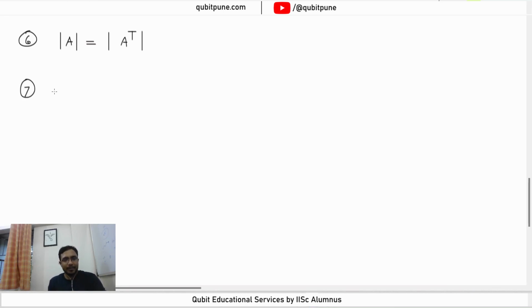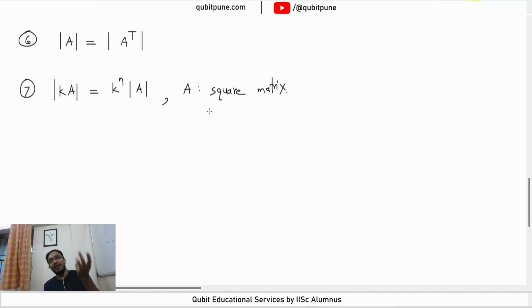Can you tell me what is the determinant of k times A, where k is a scalar? It is k raised to n into the determinant of A, where A is an n by n square matrix. Why does that happen? Because when we define scalar multiplication of matrices, we take each and every element of the matrix and multiply it by that scalar.